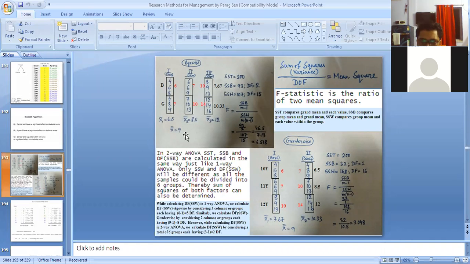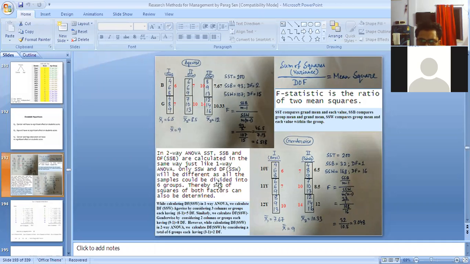Now you are going to calculate the averages. The average for the 10-year-old group is 6.5. The average for the 11-year-old group is 8.5, and the average score for the 12-year-old group is 12. And what is the grand mean? The grand mean will be 9.